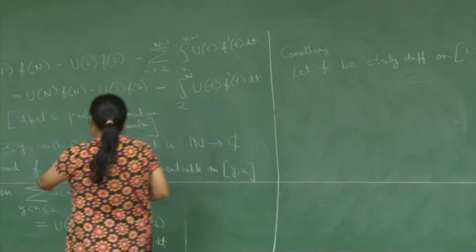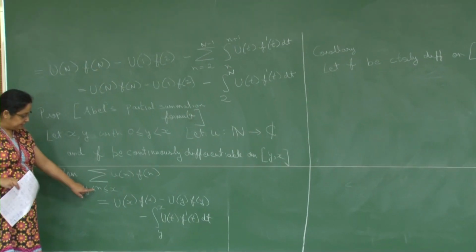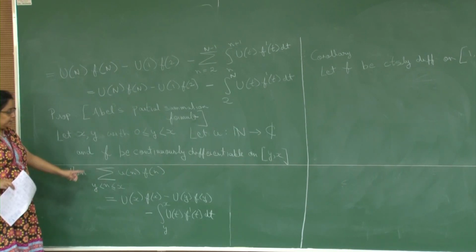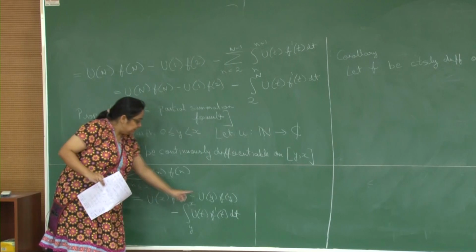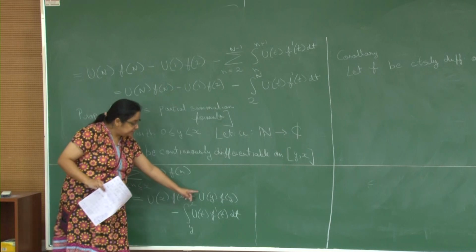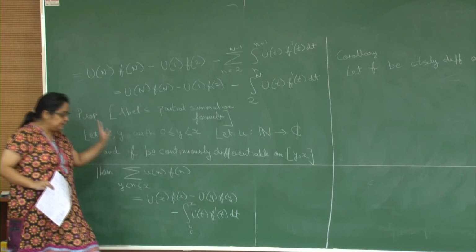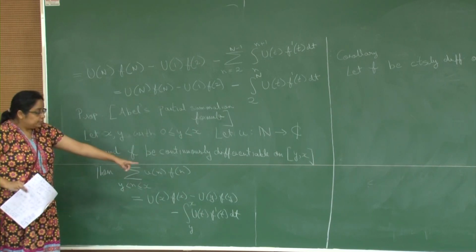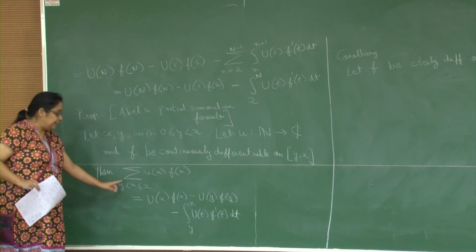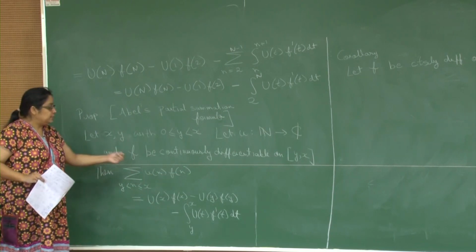Now, this sum is starting from n is equal to 2. If you are taking y to be 1, since n has to be strictly greater than y, this little technical detail is important. And then on the right hand side you will have capital U of x f of x minus capital U of 1 times f of 1 minus this nice integral that we do not have to do anything to. So, what we do is this term U of 1 times f of 1 can be moved to the left hand side. Remember, capital U of 1 is exactly equal to little u of 1.